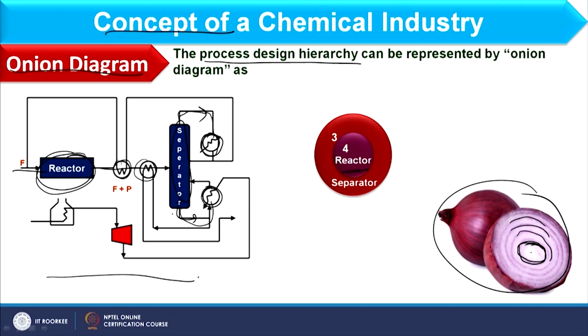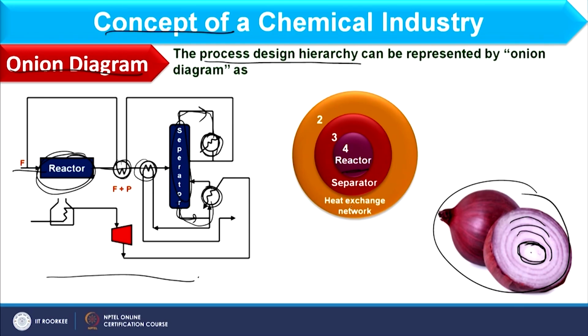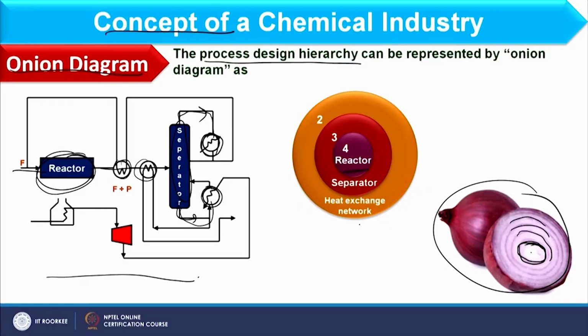So the next layer of the onion diagram is the heat exchanger network. Why do I call it a heat exchanger network? Because it may be one exchanger or a number of exchangers, so collectively I call it a heat exchanger network.